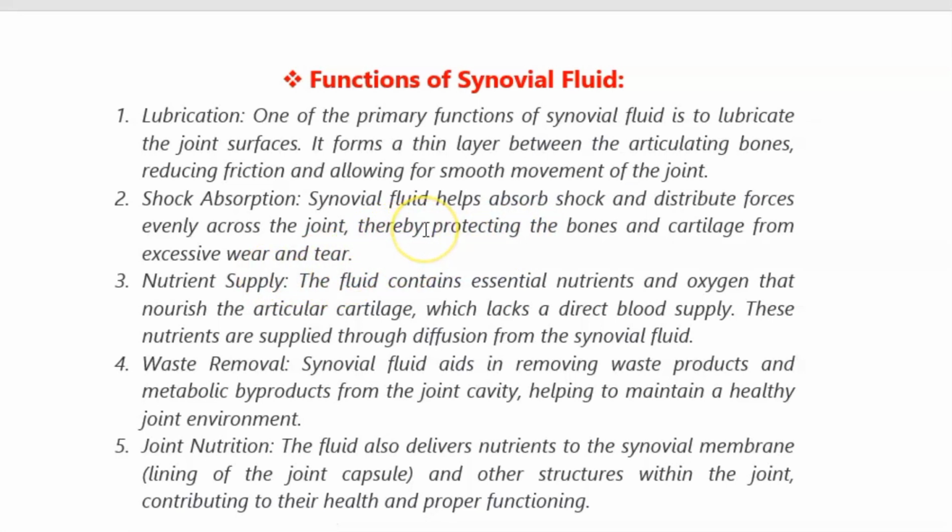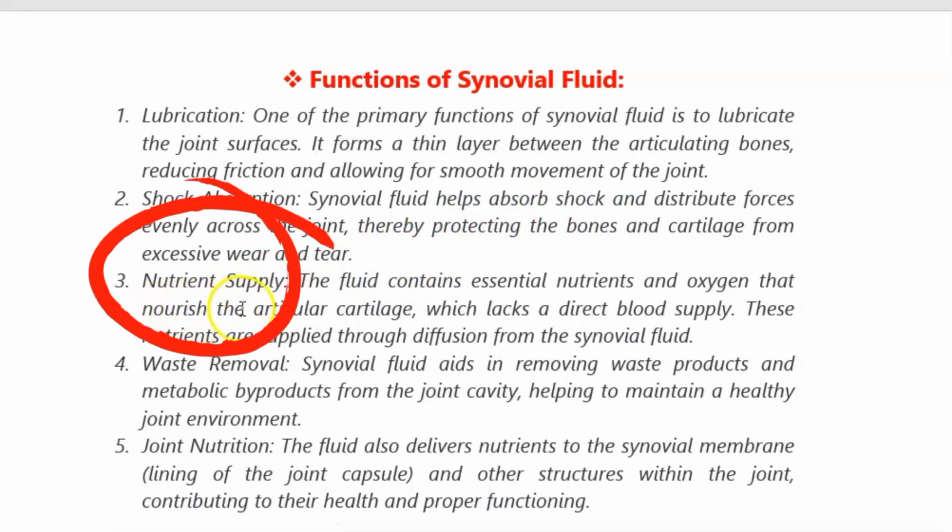But the synovial fluid prevents the bones from grinding on each other by protecting them, being a thin layer at the surface of the bone. And so when there is pain or whatever at that joint, it is absorbed, prevented from affecting the bone.